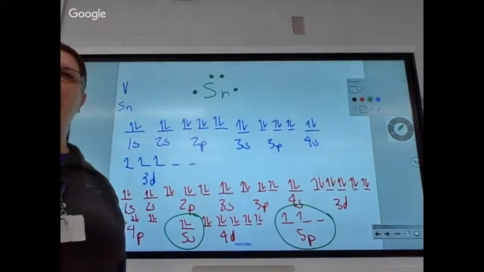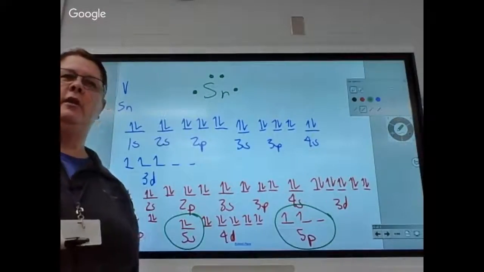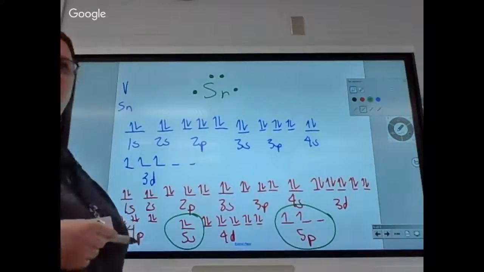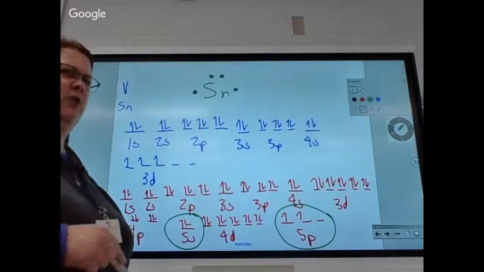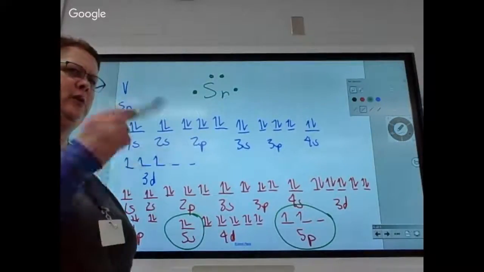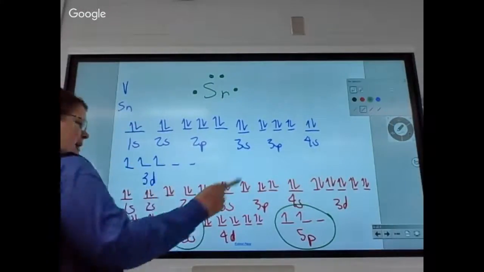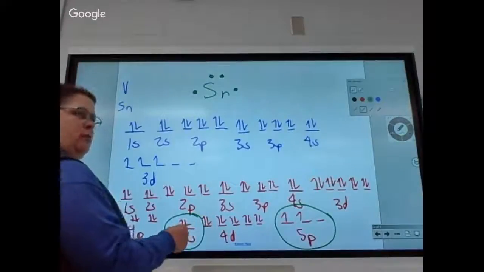But we drew that one with the arrows. So I still looked for the biggest coefficient, and the biggest coefficient was a 5. So I circled the 5s, right? For SN, the biggest coefficient was a 5. So I circled the 5s. And then the 5s2 had them paired.